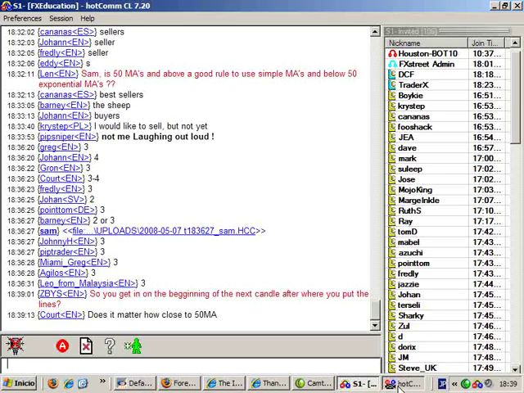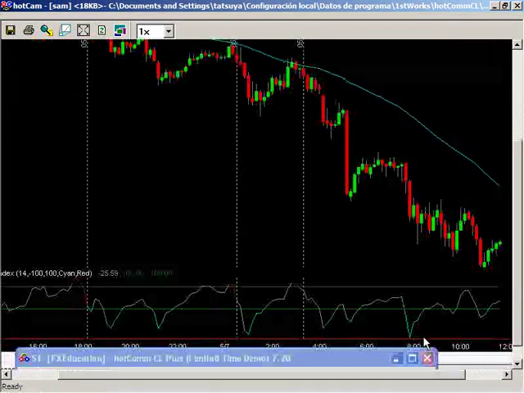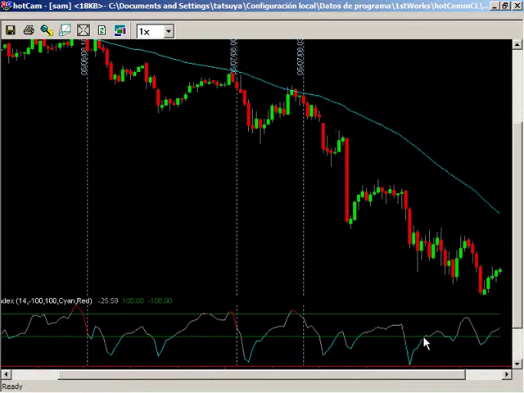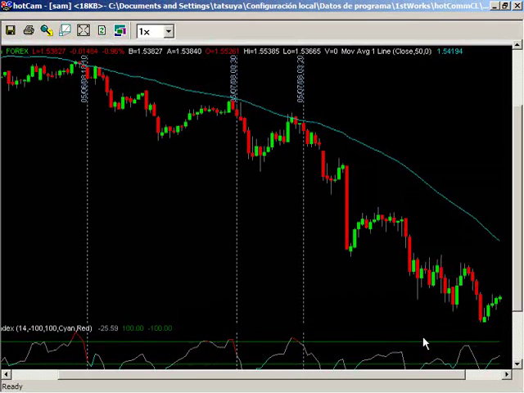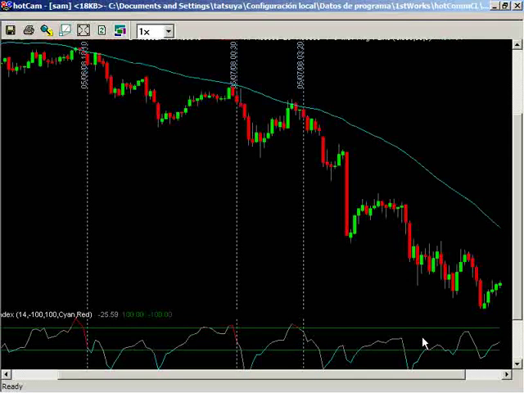I'll pull up a bigger time frame chart for you. And remember, what we're talking about now is a way to get involved in trends that are underway already. Okay.